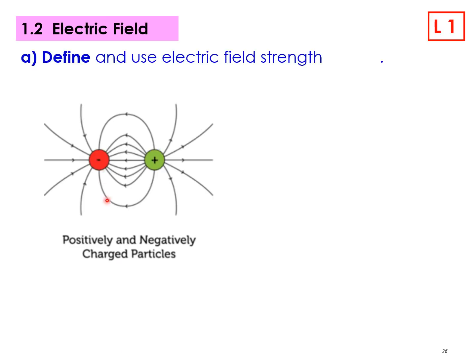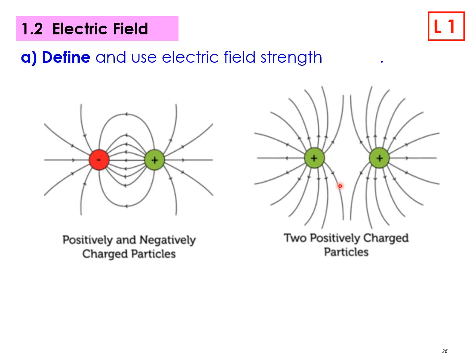We have two charges, one negative and one positive, side by side. Another one is the pattern of two positively charged particles, positive and positive. This is what the electric field looks like.